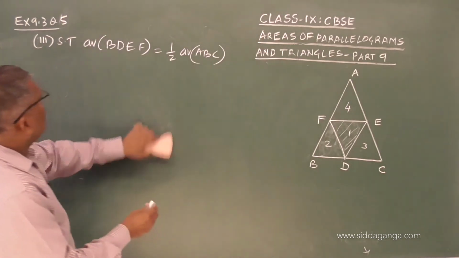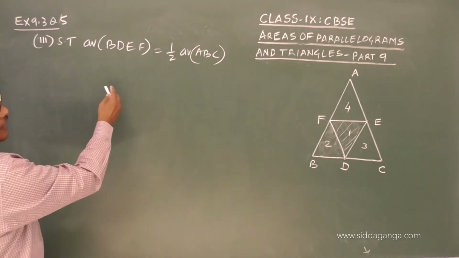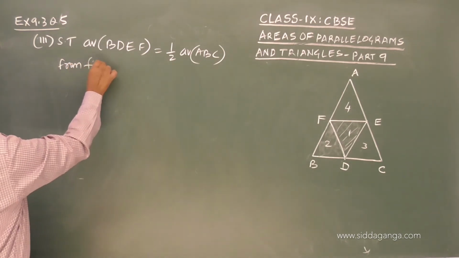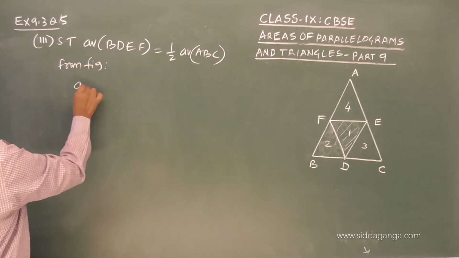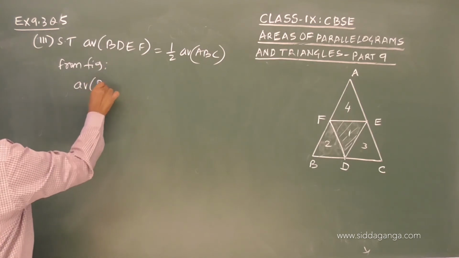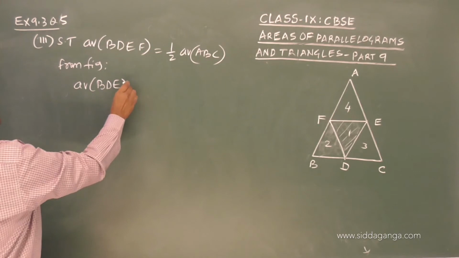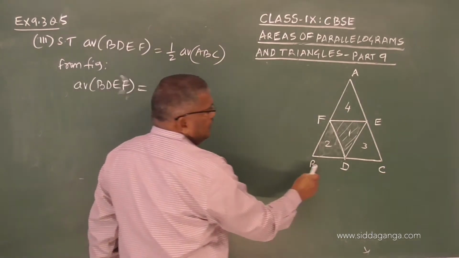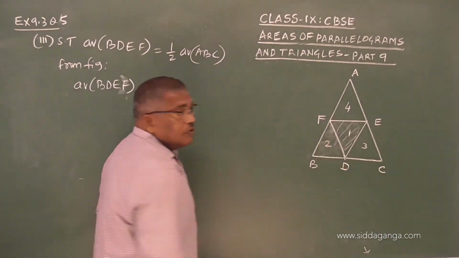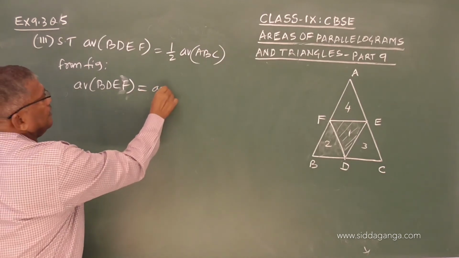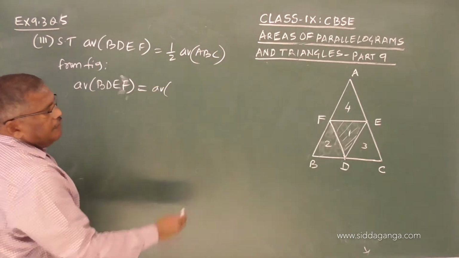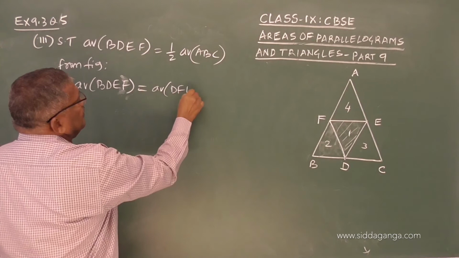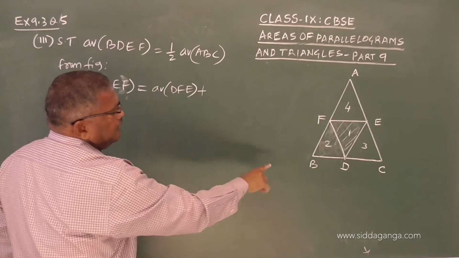So, now to prove this, area BDEF, you observe from the figure, area BDEF will be equal to 1 plus 2, area of triangle FED or DFE plus area BDF.